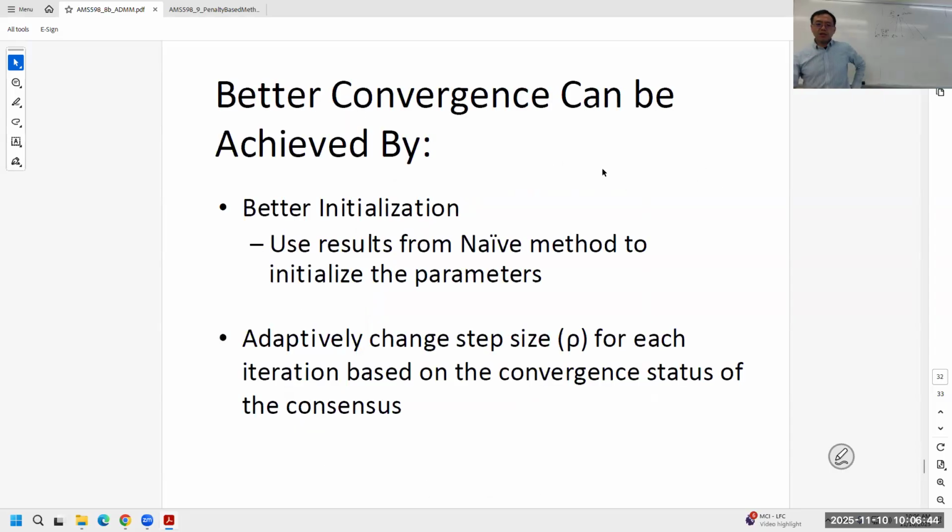Now, better convergence can also be achieved by better initialization. You can use the result from a naive method to initialize the parameter. Like I mentioned here, for the initial cycle, you can simply run your logistic regression locally, without even considering the consensus or the global machine. Just call logistic regression or whatever algorithm you have, and get the estimate locally.